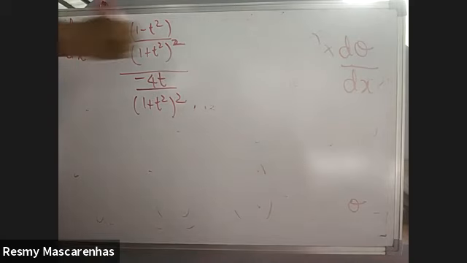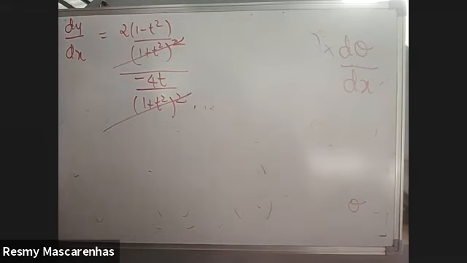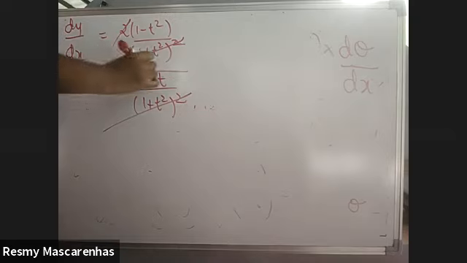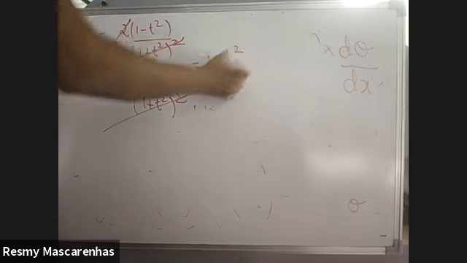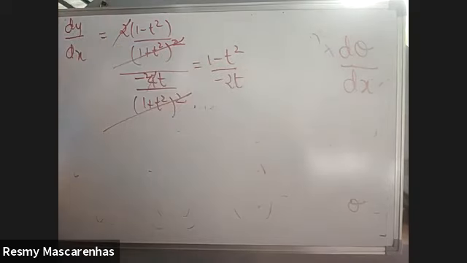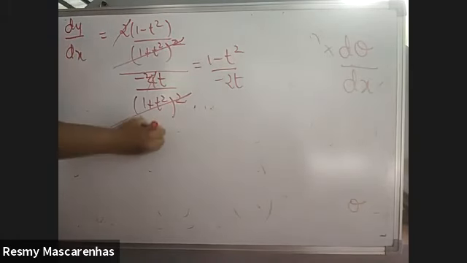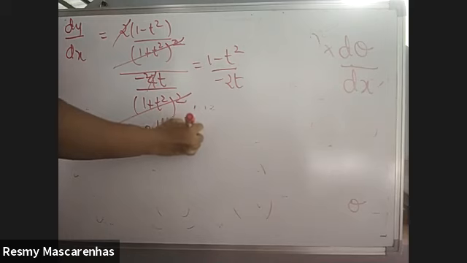Alternate you can cancel. Okay, so this is alternate. 2 and 4 will cancel. So answer will be upon minus 2t. Okay, so this is your v. Now differentiate with respect to x.